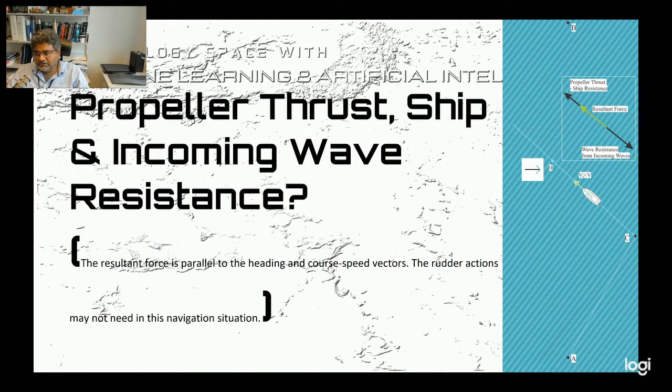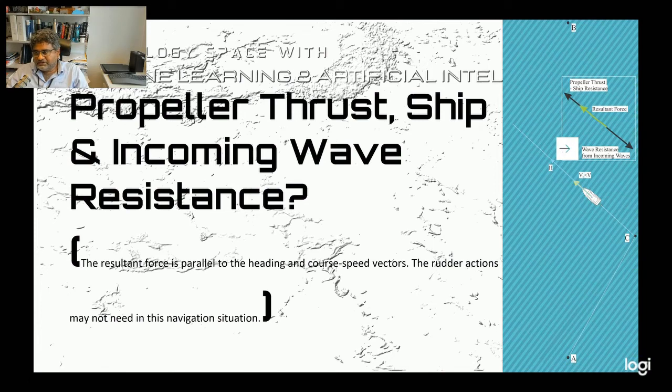As you have noted, the heading vector is exactly opposite to the incoming wave field. So due to that, the propeller thrust minus ship resistance is also pointing parallel to that heading vector, because the propeller is also working against the incoming wave field. The incoming wave field is creating this wave resistance.